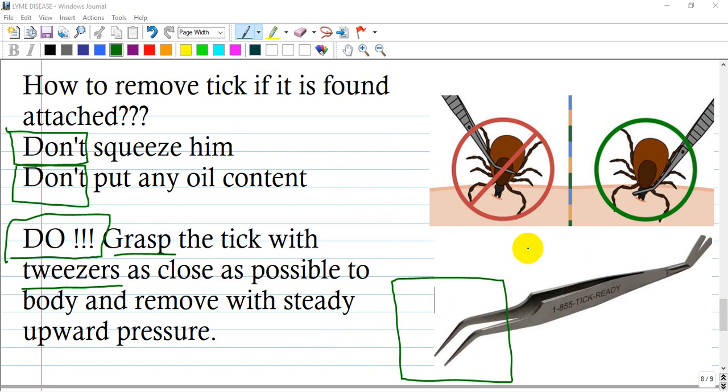To remove it correctly, you have to grasp the tick with special tweezers, putting the tweezers not on the body but close to the skin, as far from the body as possible, and remove it upward.